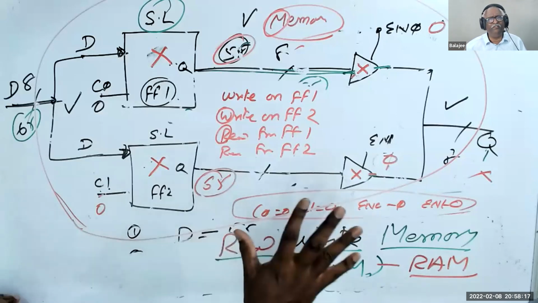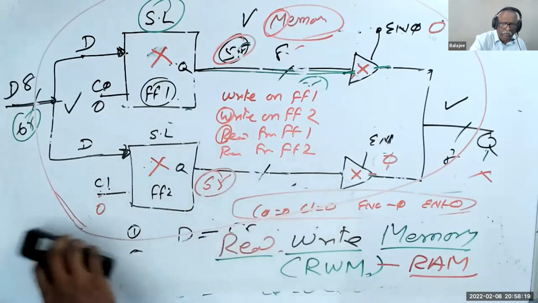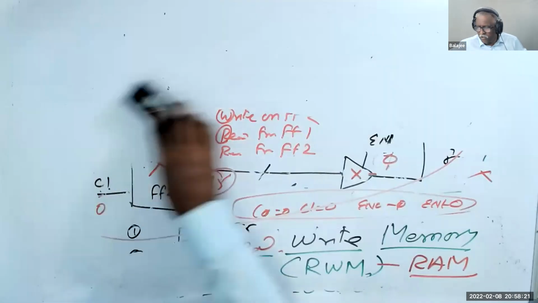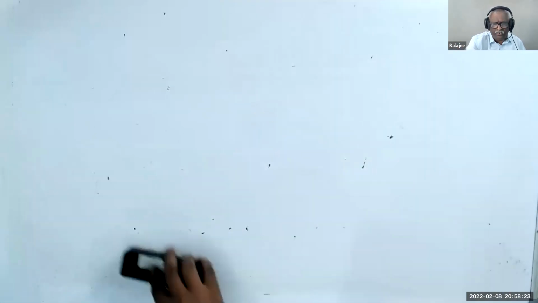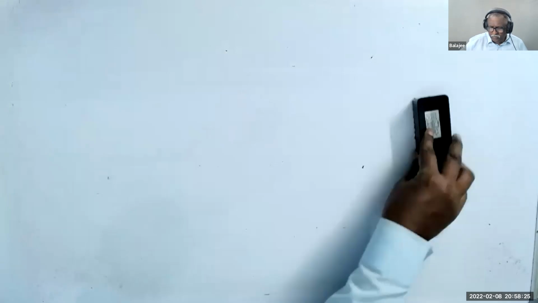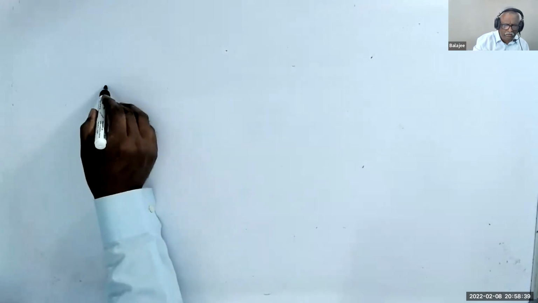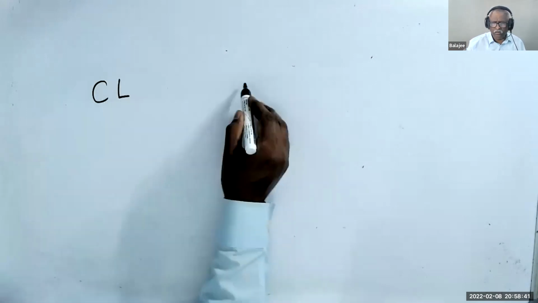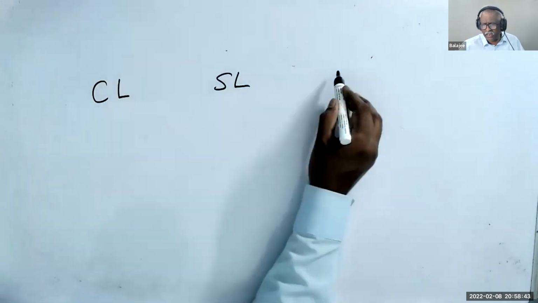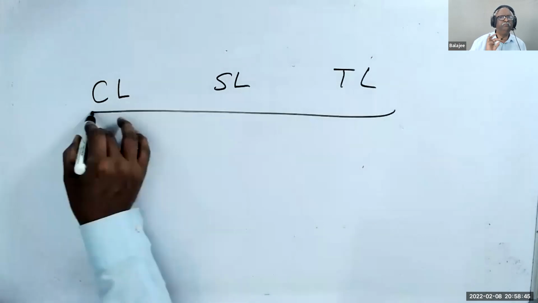So I have given a small idea of this, but please understand, before we come to the next class, we have some good time. Before we come to the next class, that is on, I think, Friday, please make sure you have another 3 days. Make sure that you understand CL, SL, and TL, these three.